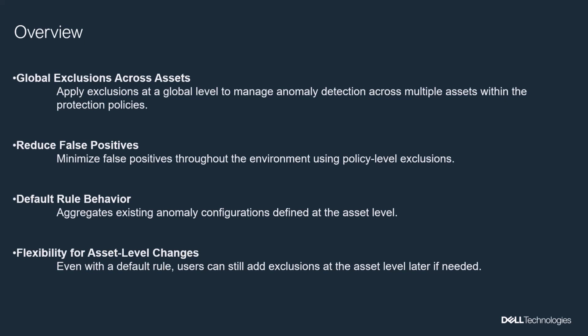Now, that being said, it also provides flexibility for asset level changes. Even with a default rule existing, users can still add exclusions at the asset level later if needed. Now let's see how to create this anomaly detection rule and where it actually resides.